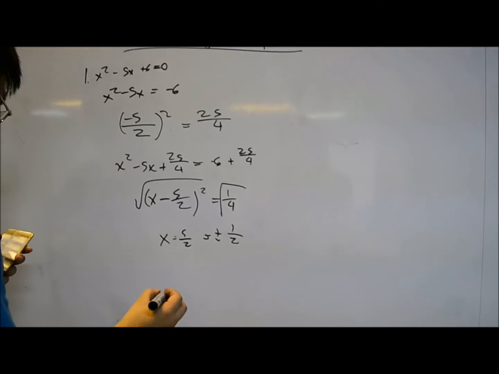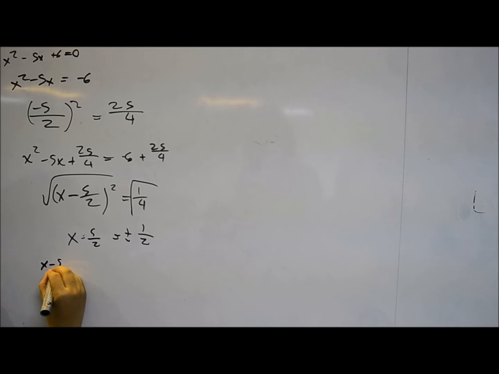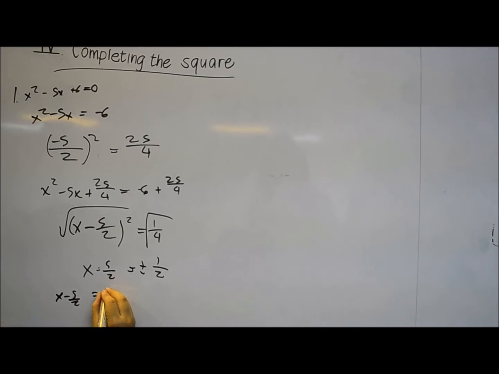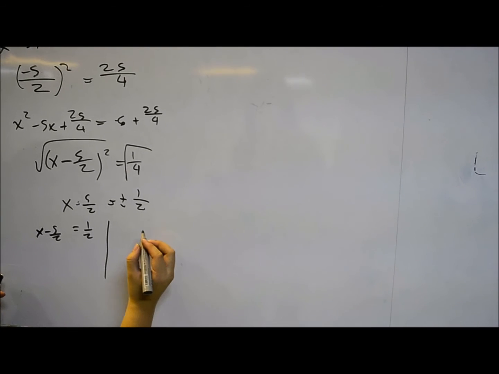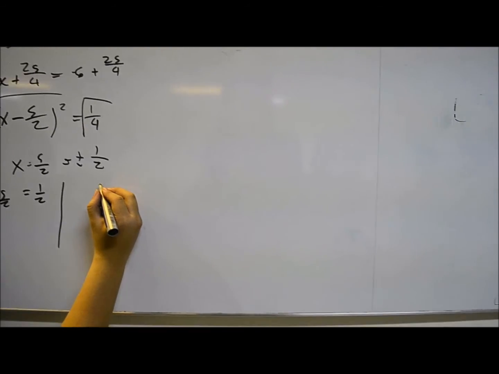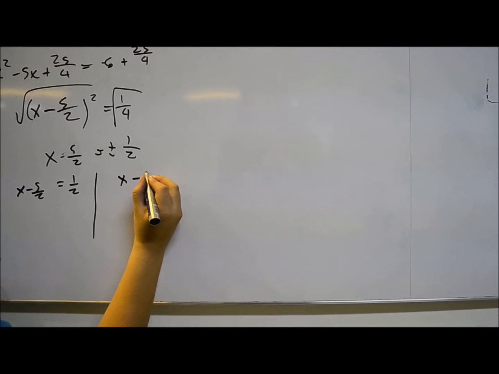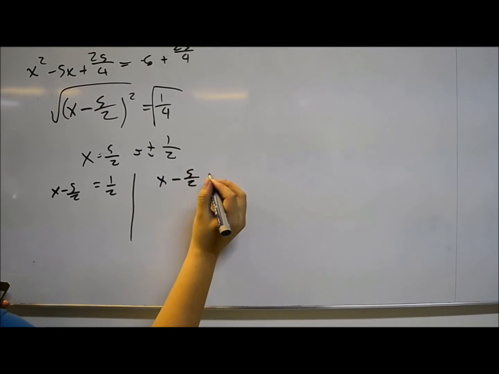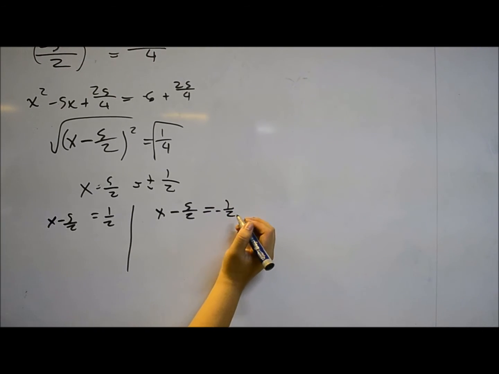Now going back, separate the two. So x minus 5 halves equals the positive root, 1 half, while the other one is x minus 5 halves equals the negative root, which is negative 1 half.